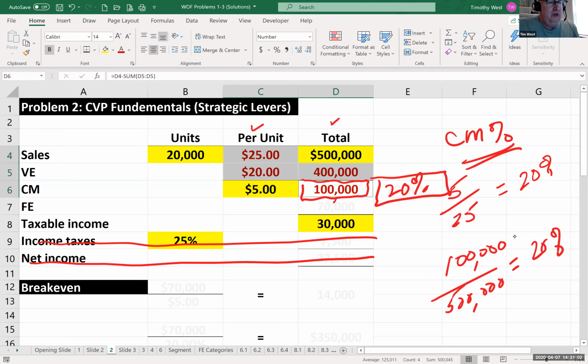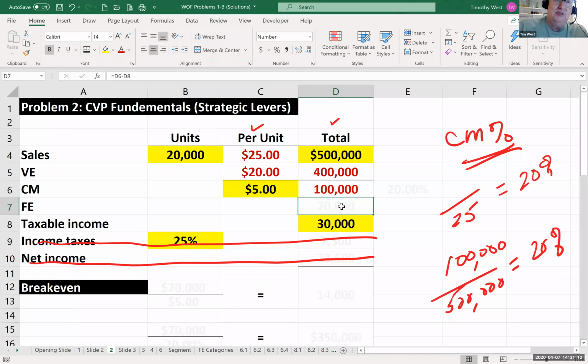At that point, let me clean some of this off. We can come in here and figure out our fixed expenses, right? Because again, 2 of the 3. So how much is that going to be? 70,000. So at that point, he's finished his income statement and he's ready to go into break even and then into target profit.